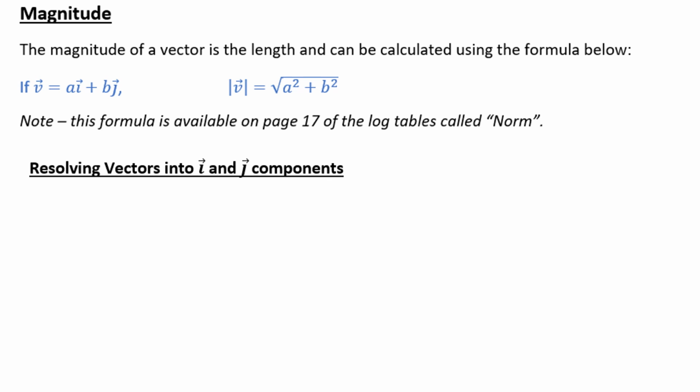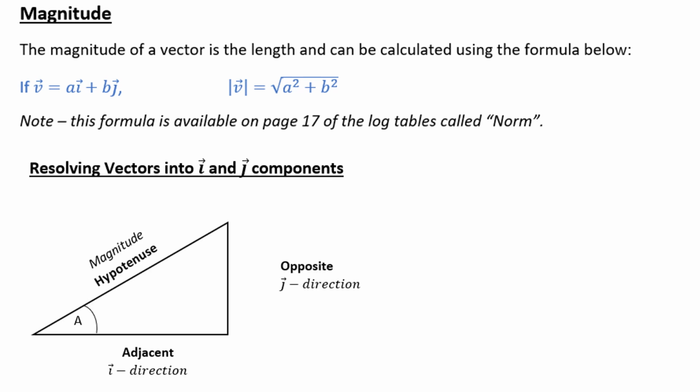So we then talk about resolving our vectors into i and j components. So if we take an angle here in a triangle and go back to our basic trigonometry, we have the hypotenuse, and that's the magnitude of a vector. So if we think of this in terms of our vector, I'll just put on color so we can see. If this were my vector and we put an arrow on it, this is the magnitude.